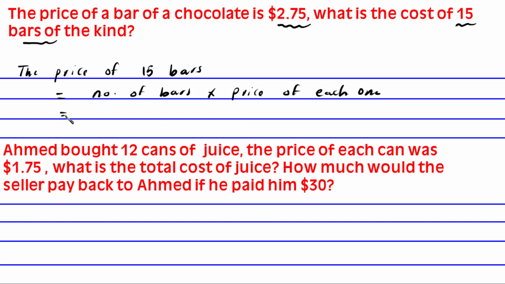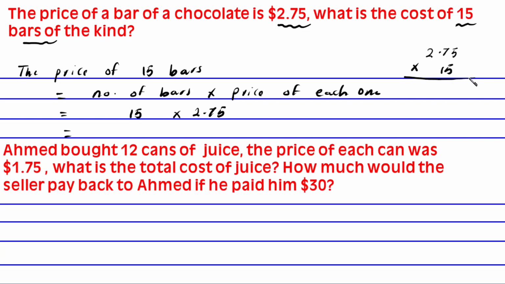Number of bars, it was 15. The price of each one, it was what? Yes, $2.75. Now we can multiply 2.75 times what? Times 15, number of bars.